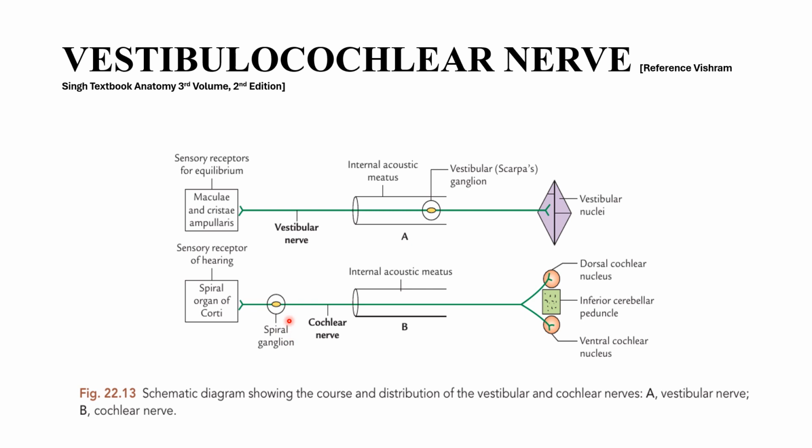Again, this spiral ganglion is made of bipolar neurons, and from here these neurons will innervate the spiral organ of Corti. And that is the pathway of the cochlear nerve. So you are expected to draw the pathways of every cranial nerve like this. So let's see the subsequent slides.